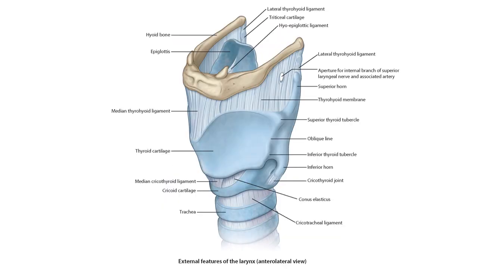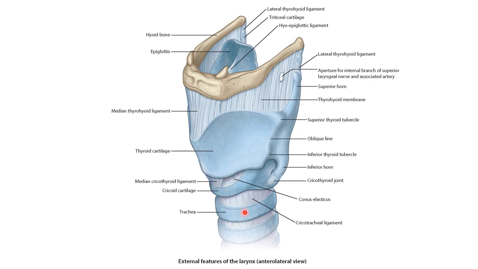So this is another view of the different cartilages and structures of the larynx. Again, this is the hyoid bone, and what this picture shows you would be the relative position of the epiglottis to the hyoid bone, the thyroid cartilage to the hyoid bone, and the cricoid cartilage relative to the thyroid cartilage and the trachea.